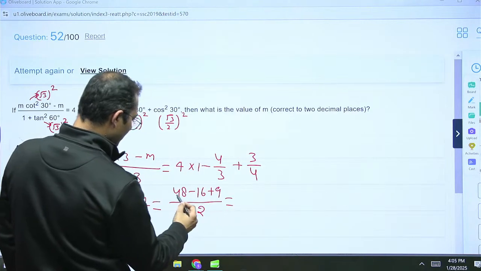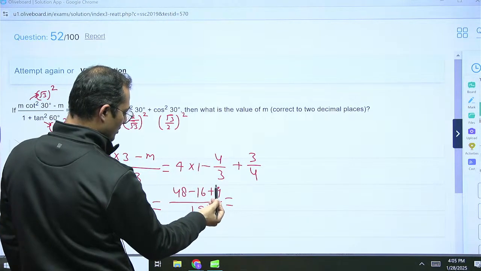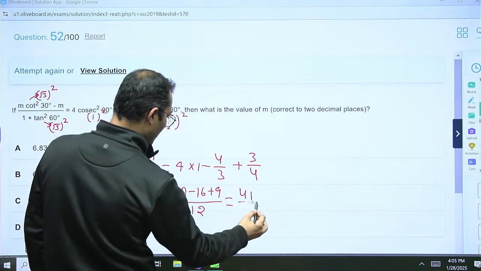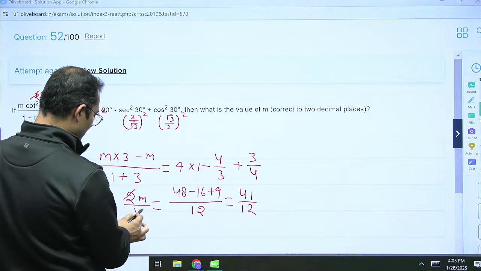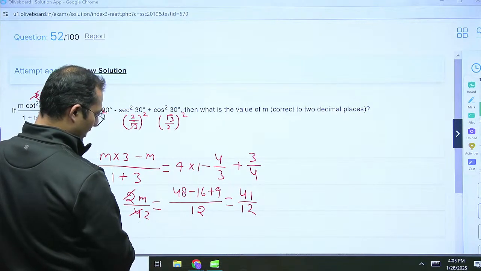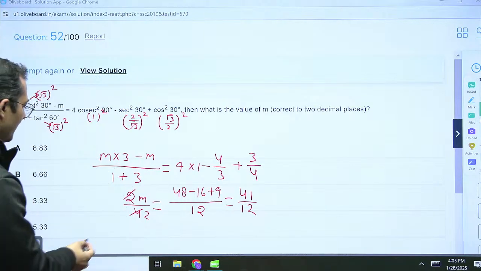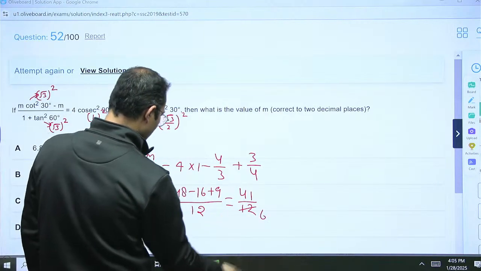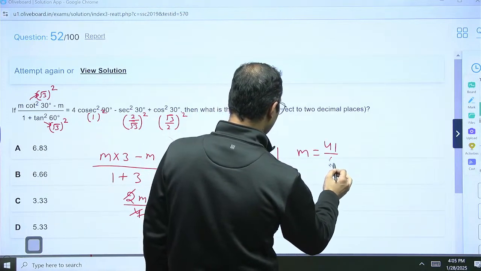So 48 minus 16 plus 9 gives minus 7, 41 divided by 12. Simply, we can say that by 2 it is 2 times, and by 2 it is 6 times. So m is equal to 41 divided by 6.